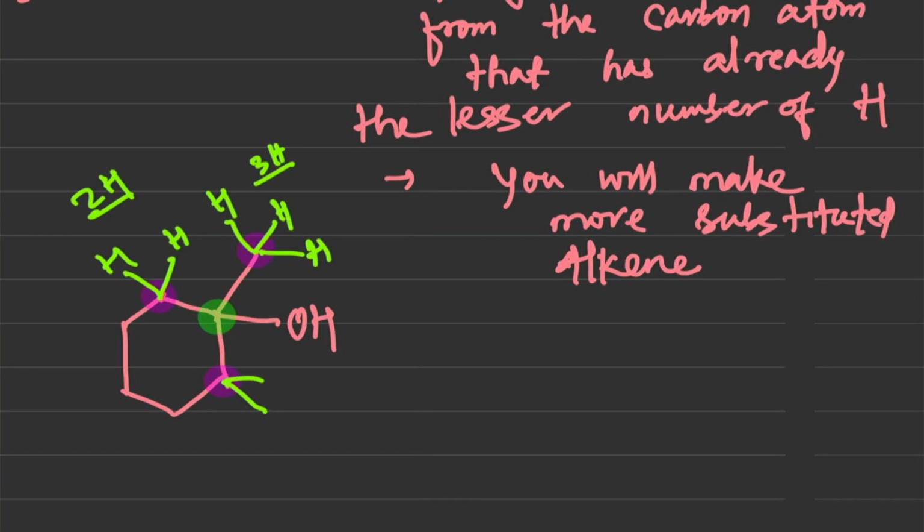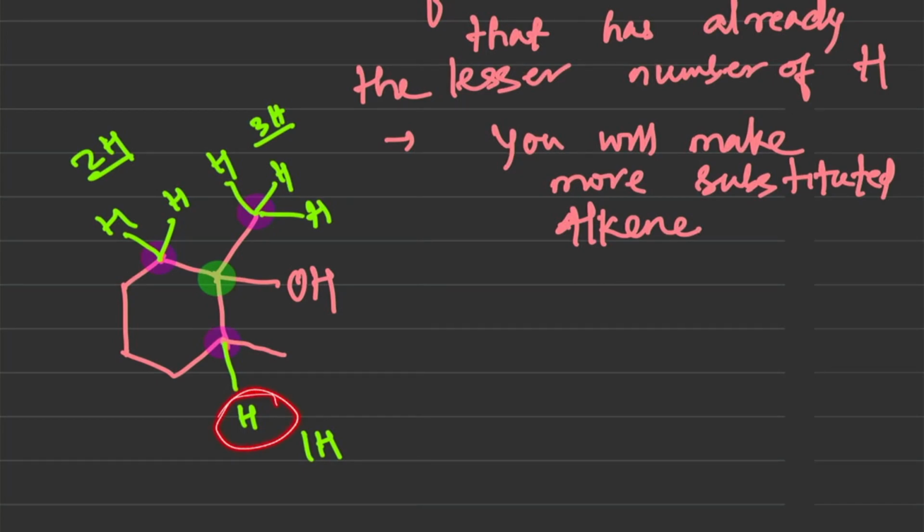And this one has, okay, I wanted to draw a different problem here. Sorry, I want to draw another carbon atom here. So this one has one hydrogen. So hydrogen must be removed from this particular carbon atom. This is the hydrogen that must be lost.